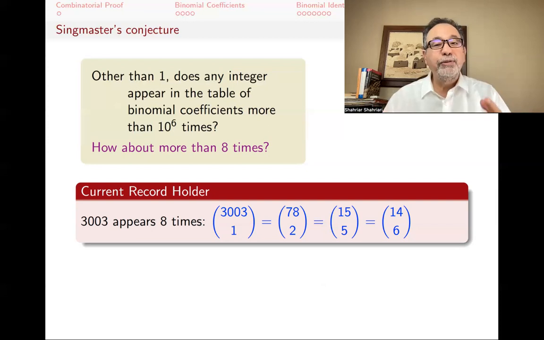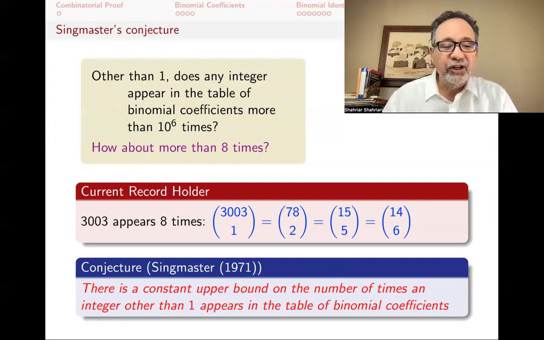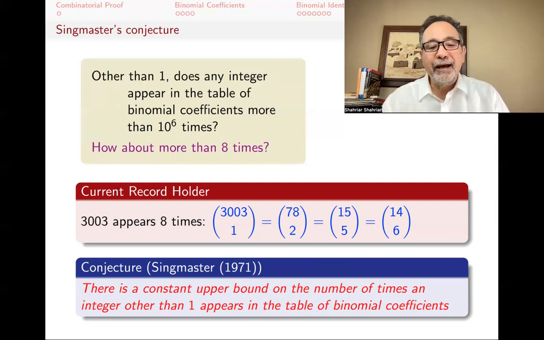If you can find one, you will be famous, because then you will have moved our knowledge of these binomial coefficients further. The conjecture by Singmaster from the 1970s, which people have thought about and worked on since then but cannot figure out how to prove or disprove, is that there is a constant upper bound on the number of times an integer other than 1 appears in the table of binomial coefficients.